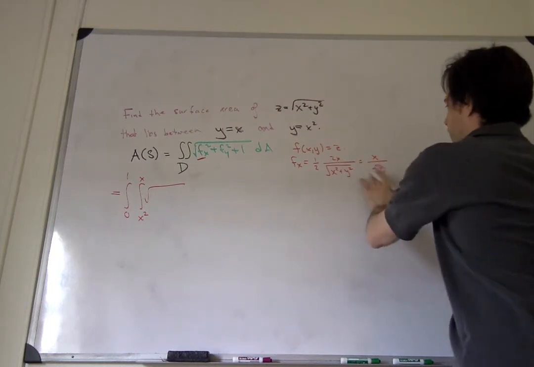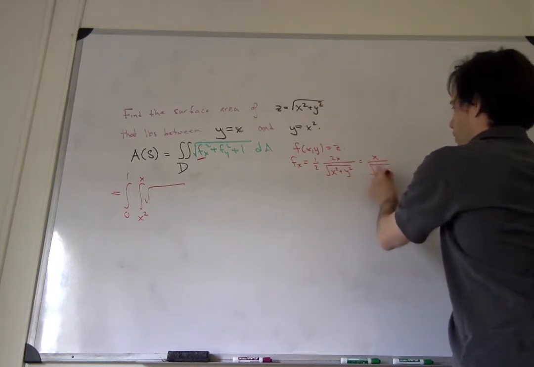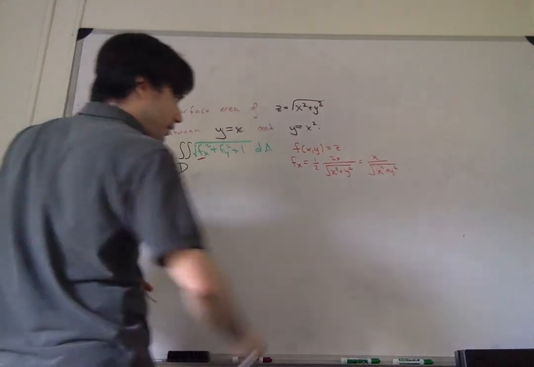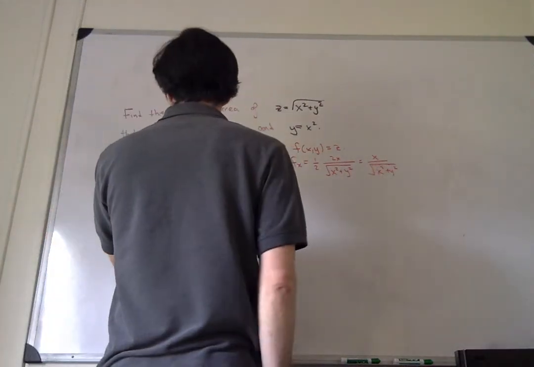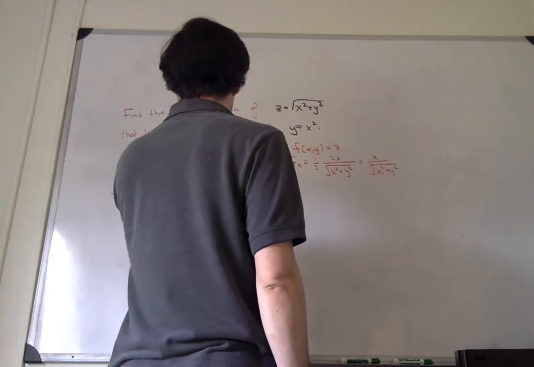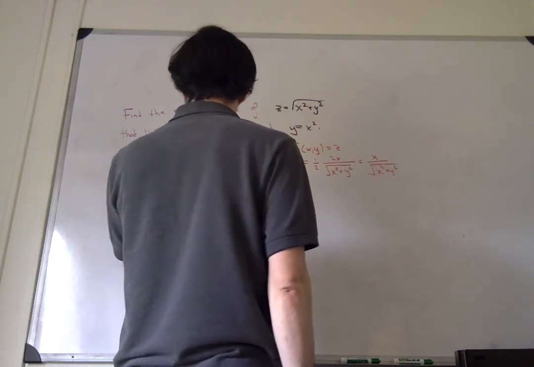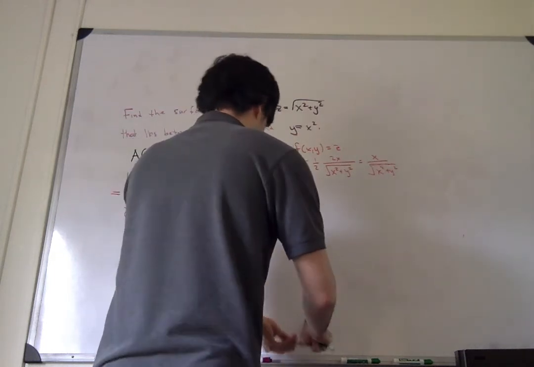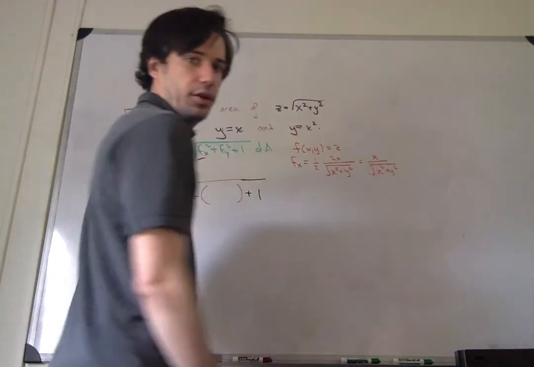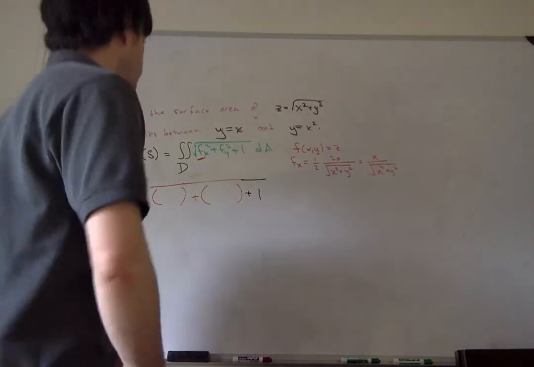Now I'm going to square it so that the square root in the bottom will go away.